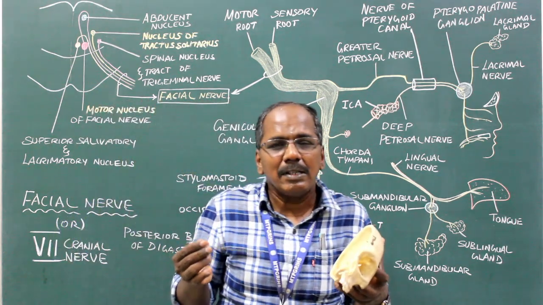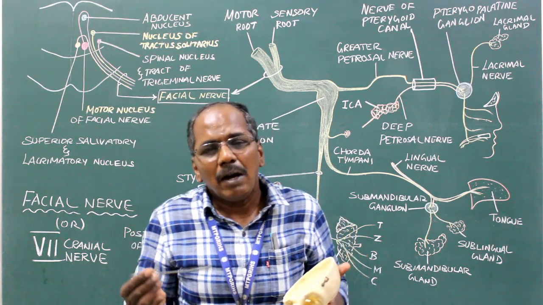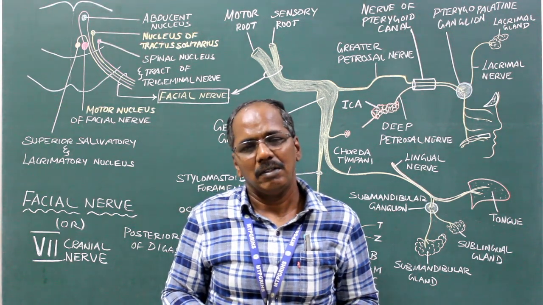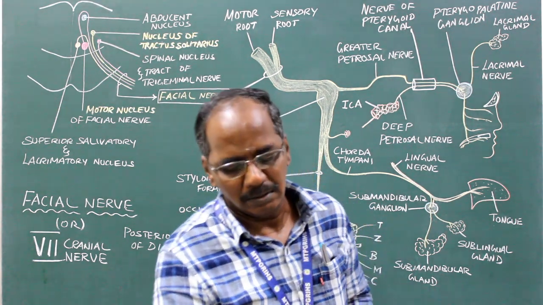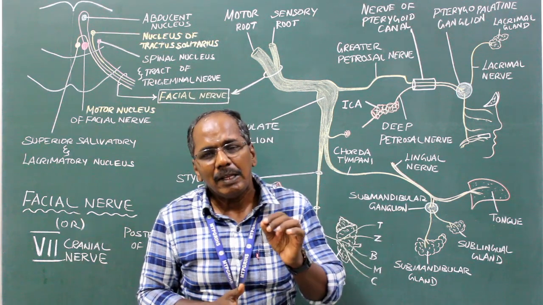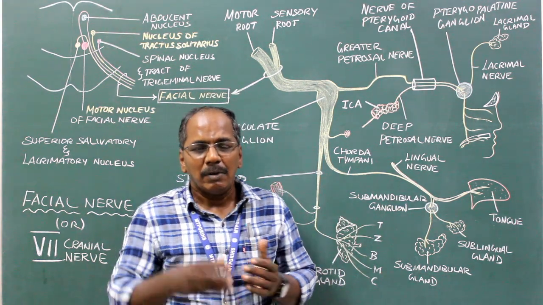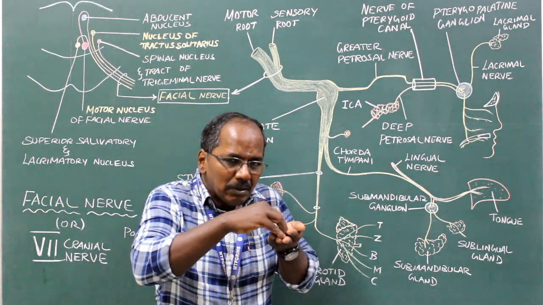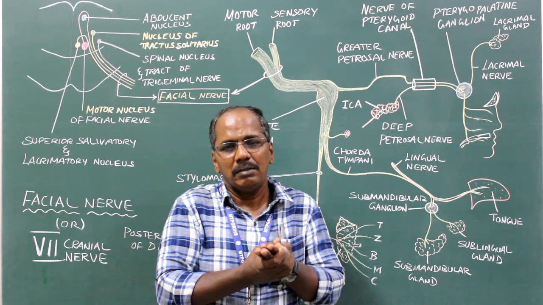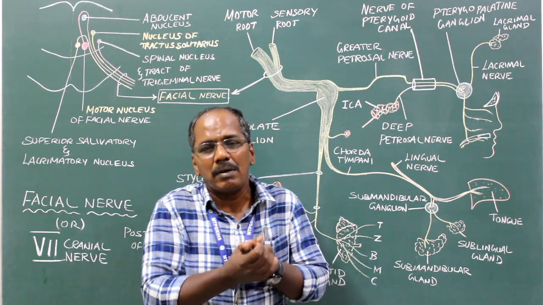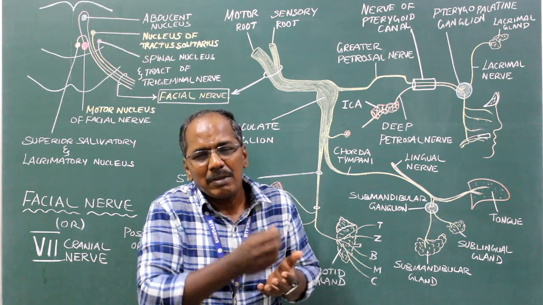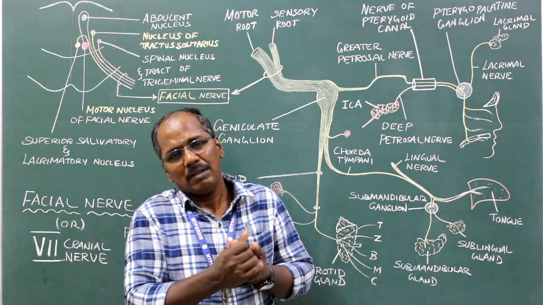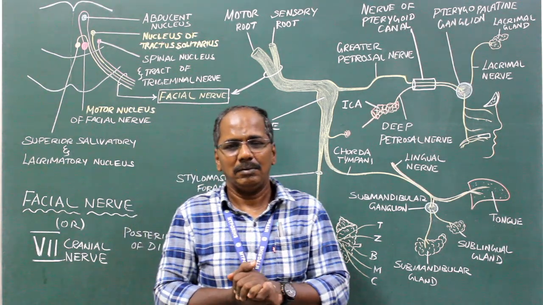In the internal acoustic meatus, the motor root of the facial nerve runs in a groove formed by the vestibulocochlear nerve, and between the motor root and the vestibulocochlear nerve the sensory root of the facial nerve runs accompanied by the labyrinthine artery.